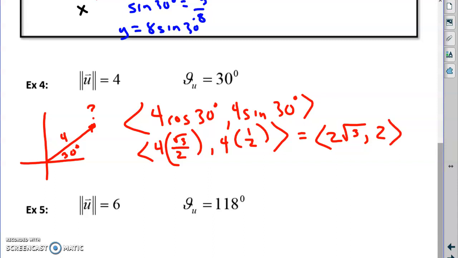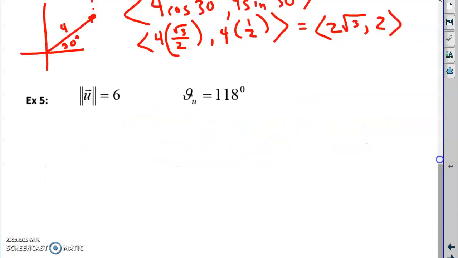Take another one. Take a second. Again, picture that vector. It is 6 units long. It has an angle of 118 degrees. Hence, it's a second quadrant vector. What should you have?